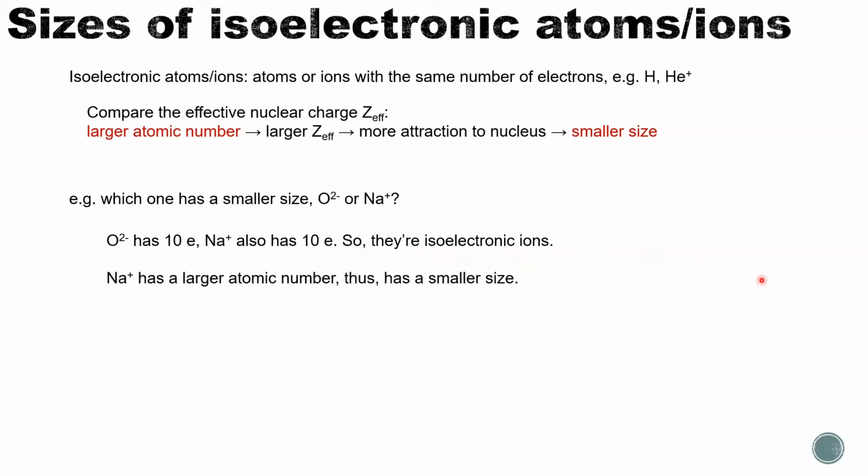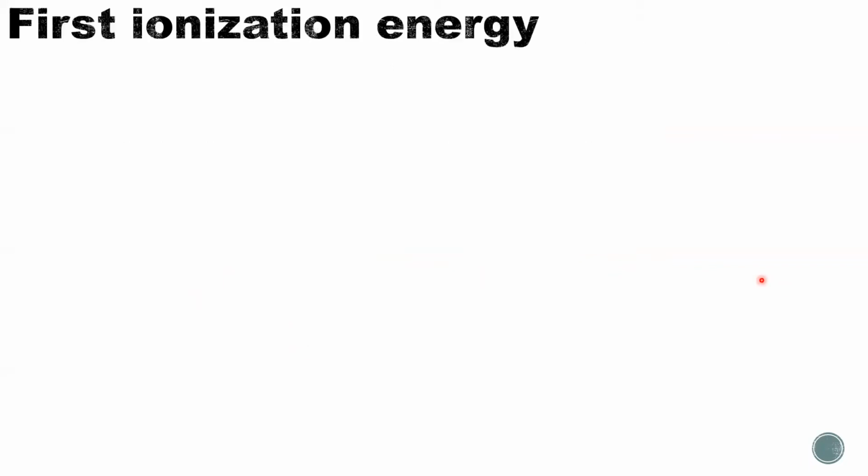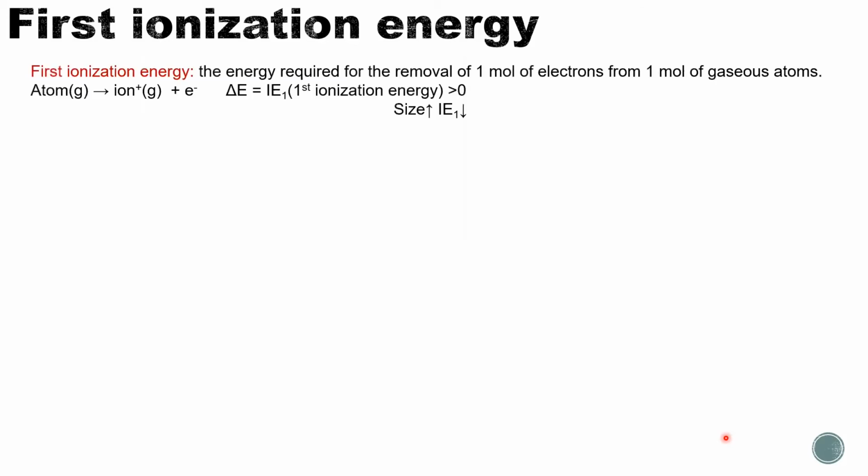All right. Besides comparing the size, we can also look at the first ionization energy in the periodic table. The first ionization energy is the energy required for the removal of 1 mole of electrons from 1 mole of gaseous atoms.